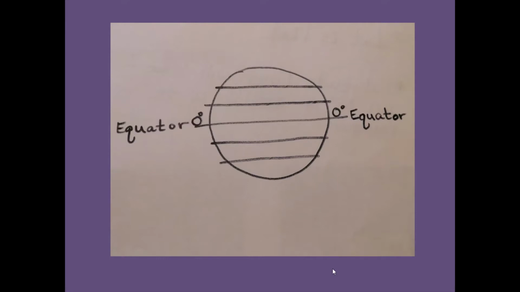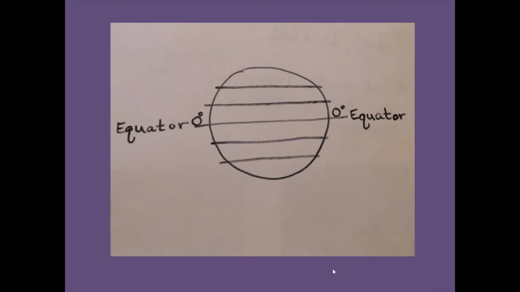All right, so we have our latitude lines that are above the equator and the latitude lines below the equator. There are more latitude lines than what are drawn on this picture, but we're just going to keep it really simple to help you learn it. Now, I want you to think about your hemispheres. We are only going to be concerned about 2 hemispheres right now when we deal with latitude.